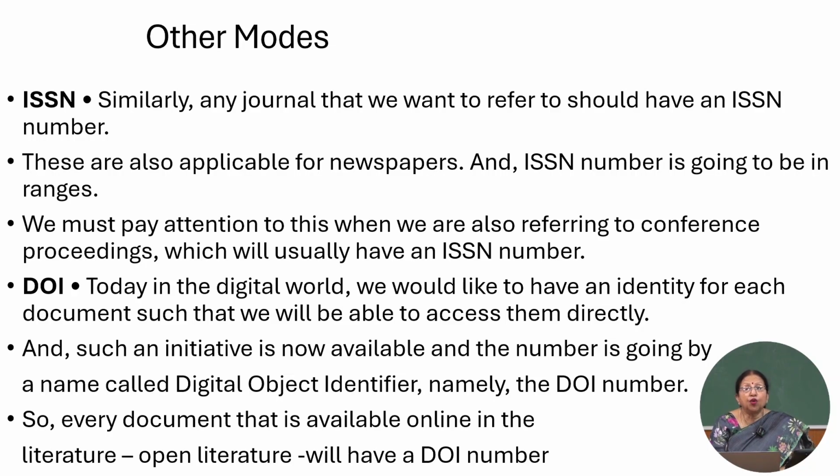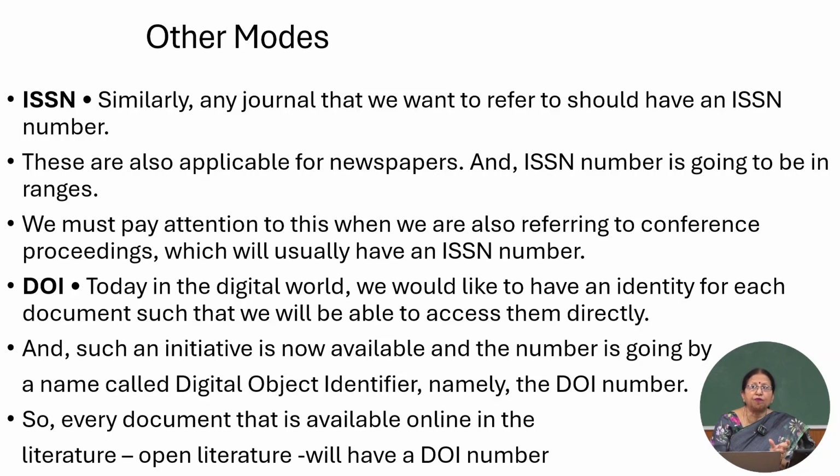Then comes DOI, Digital Object Identifier. DOI in today's world, in the digital world, is very important. We would like to have an identity for each document such that we will be able to access it directly. So if you know the DOI number, then you can access the journal through Sci-Hub, etc. Because that is a kind of address for that particular research paper.